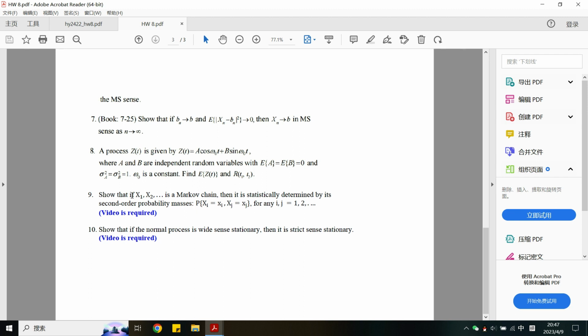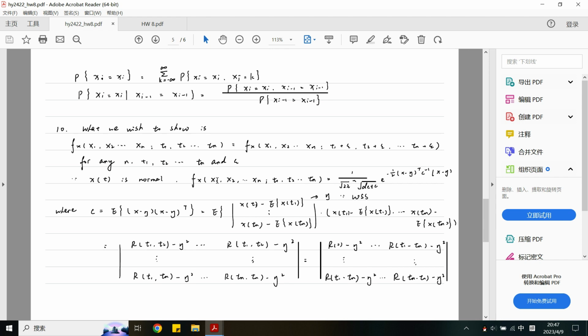So after that, we prove that if X1, X2, ..., Xn is a Markov chain, then it is statistically determined by its second order probability masses, which is the probability that Xi equals xi and Xj equals xj for any i, j equals 1, 2, 3 to n.